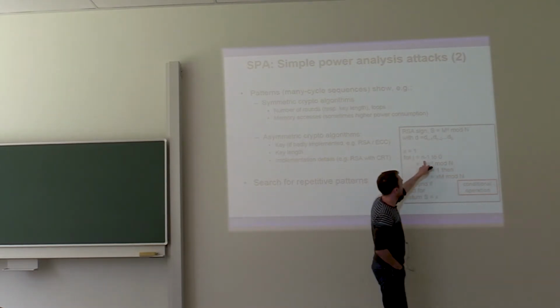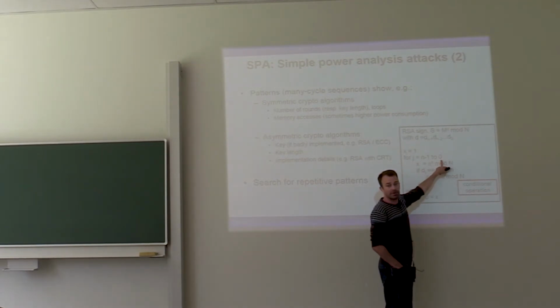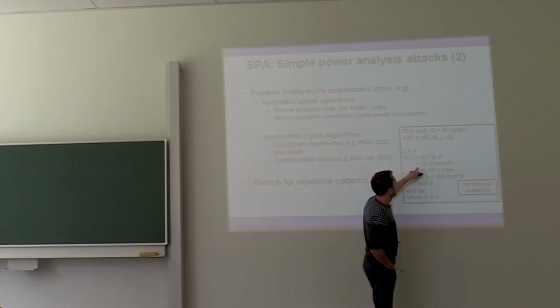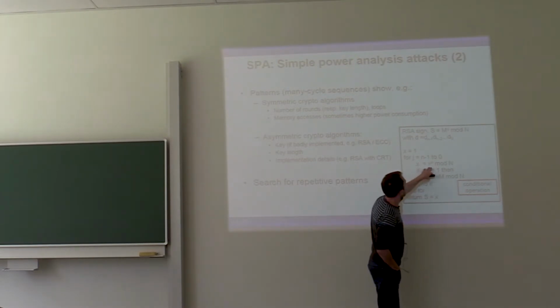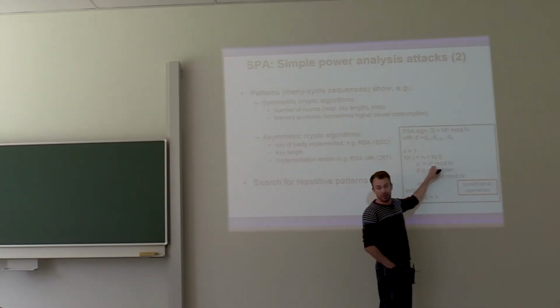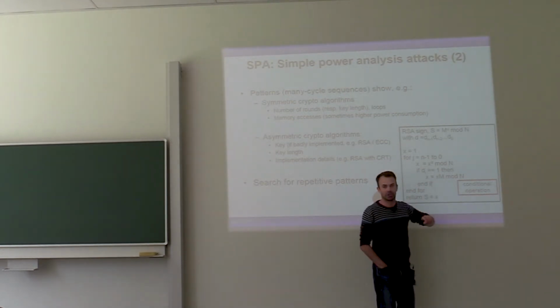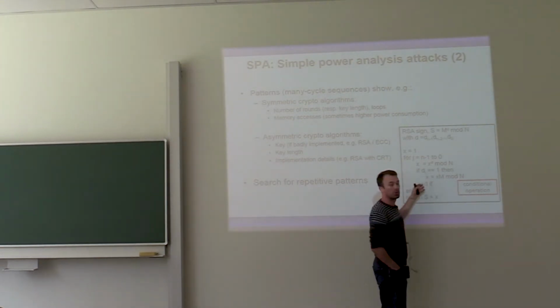We're going to scan our private exponent bit by bit, starting from the most significant bit going to the least significant bit. In every iteration of the loop, we will always perform a squaring operation on the input, and if the key bit is a 1, then we will in addition perform a multiplication operation, and if it's not, then we won't.